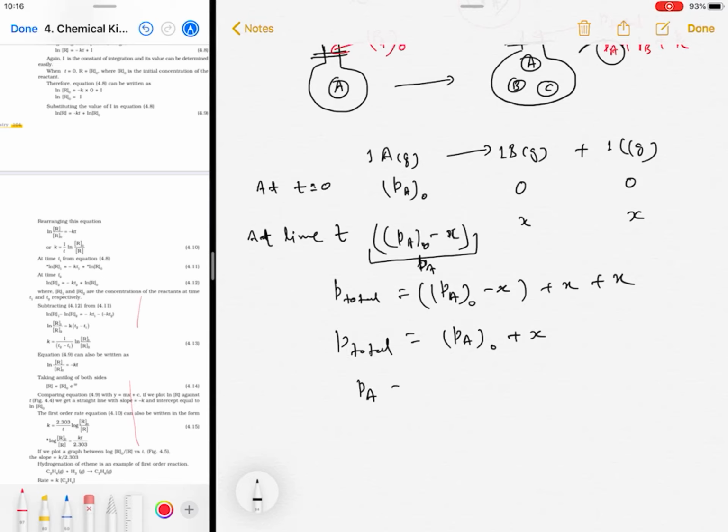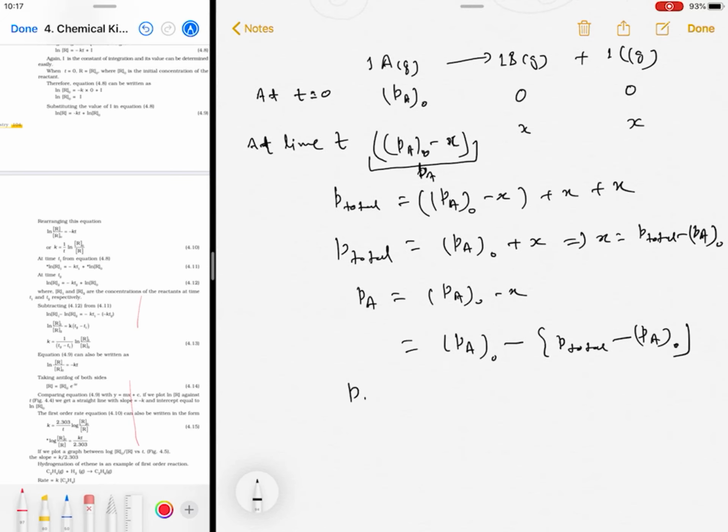So PA will be equal to PA naught minus x, and we know that x will be equal to P total minus PA naught. If we substitute it here, we get PA is equal to PA naught minus (P total minus PA naught), or we can write PA will be equal to twice of PA naught minus P total.